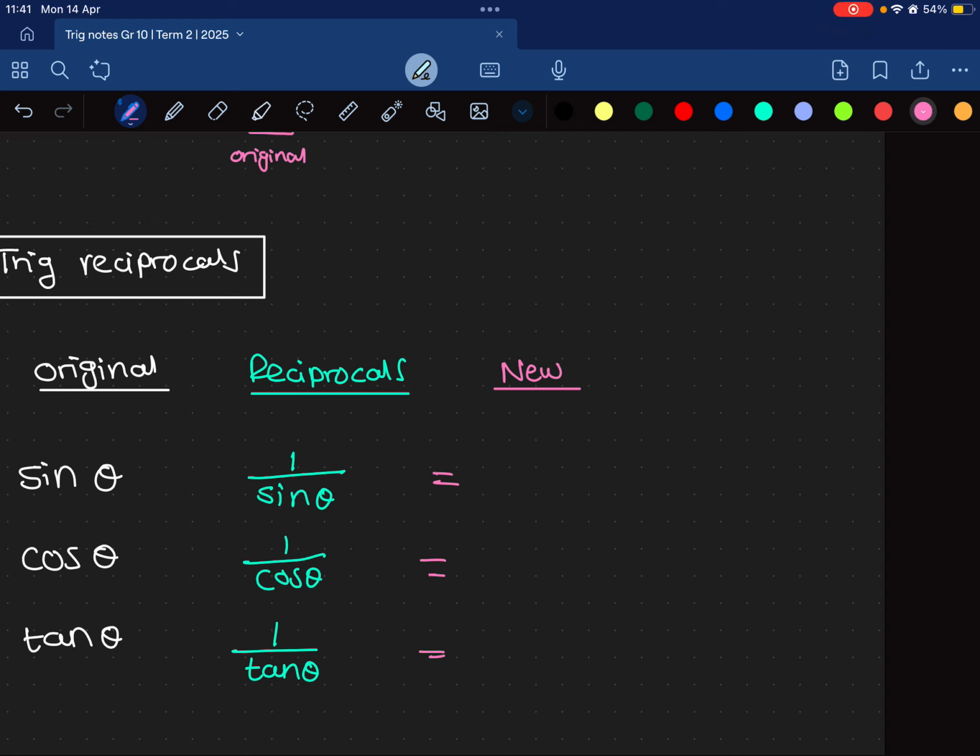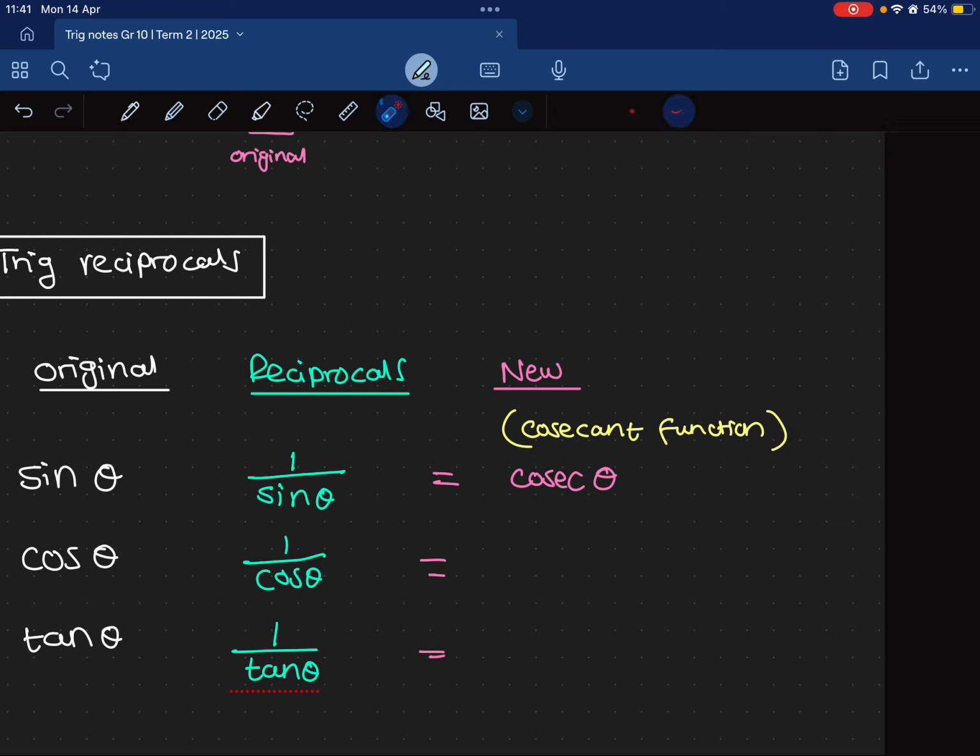So it will be cosecant, but we just call it cosec of theta. Basically the function cosec is the reciprocal of sine of theta, which is 1 over sine of theta. So 1 over sine of theta is equal to cosec theta.